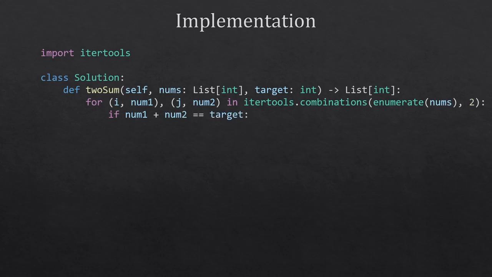Then we will check if the sum of num1 and num2 is equal to target, and if it is, we will return our indices. If no match was found, we will return the empty list. This code should execute roughly 2 times faster than our original approach, but we can go much faster.